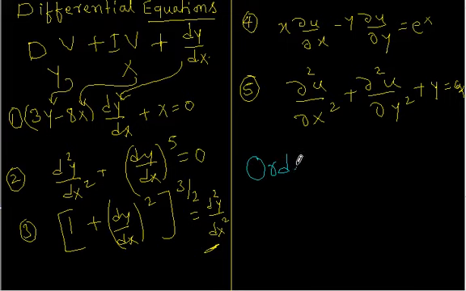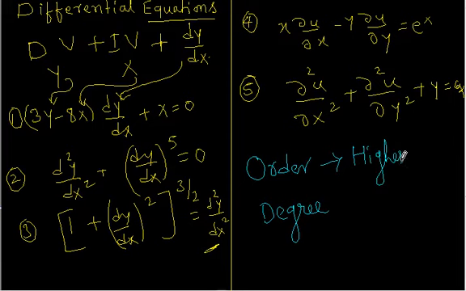That is order and degree. The order is nothing but the highest order derivative which is involved in a differential equation. This is very easy to recognize. In the first differential equation, the highest order is 1, which means the function y is equal to f of x is differentiated one time.